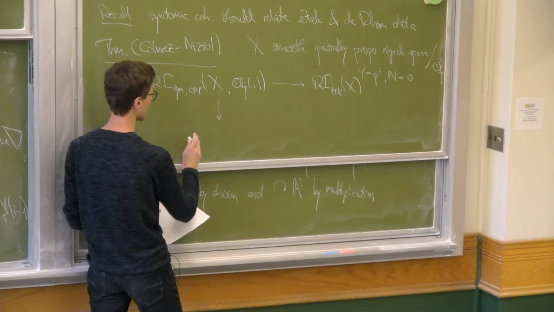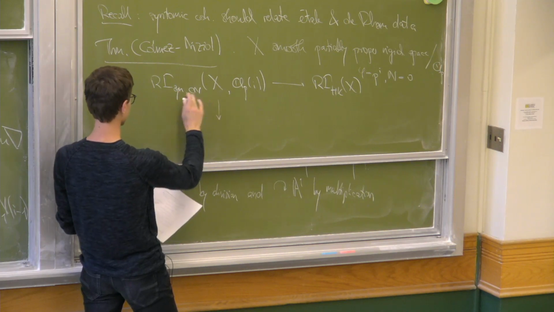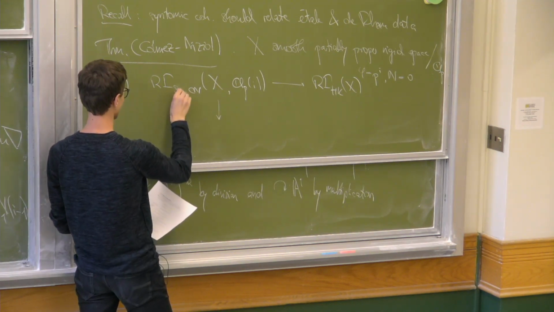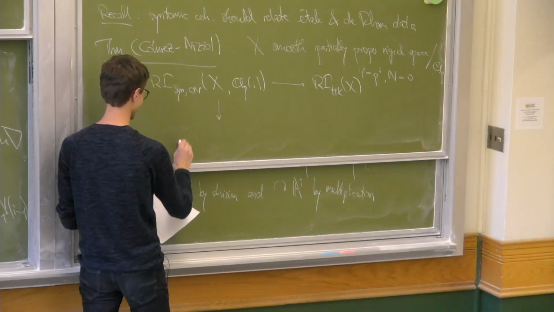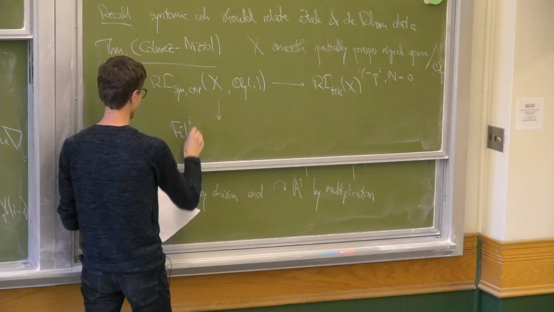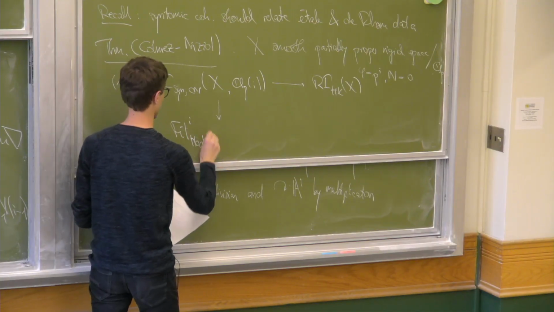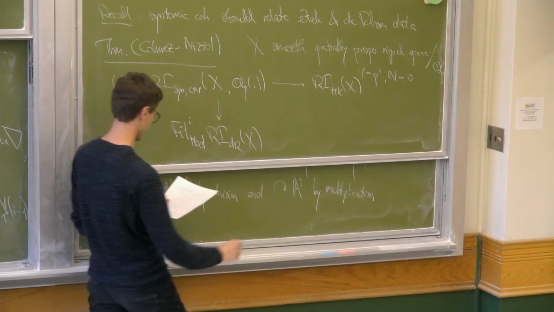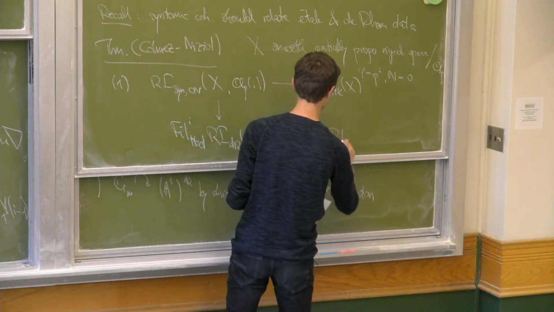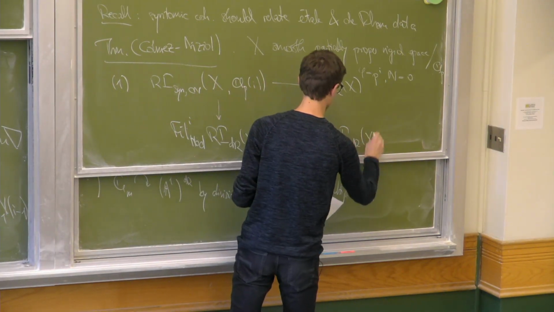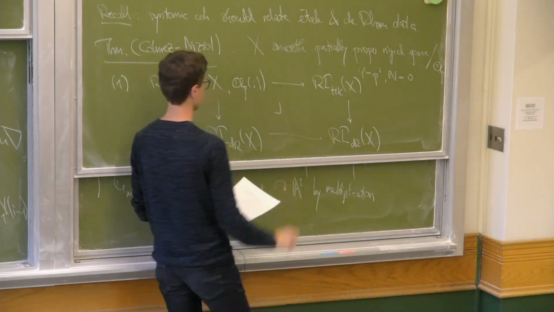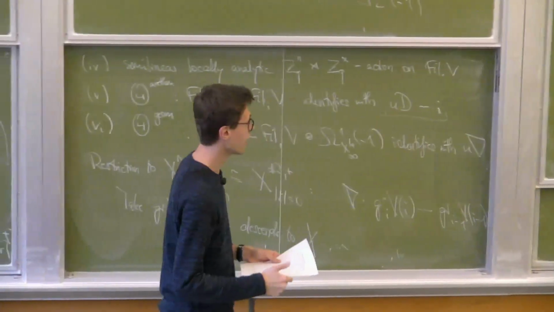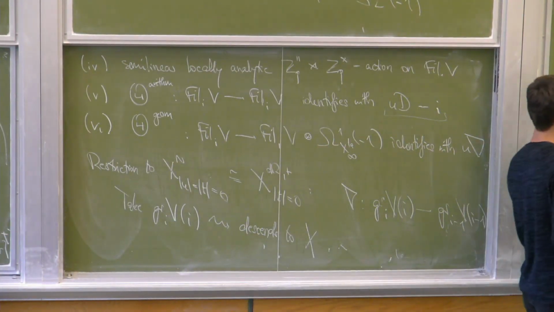The subscript is syn for Colmez-Nizioł. Somehow I want to emphasize that it might not be the same. And I take the fiber product with the i-th stage of the Hodge filtration. This is some version of this balancing fibers.